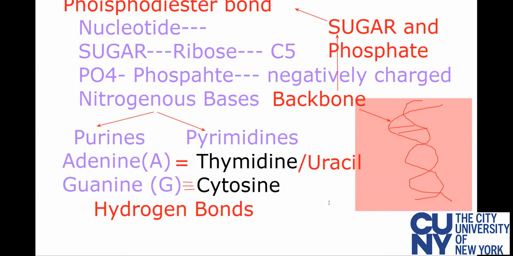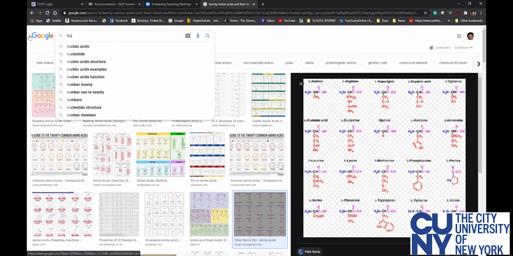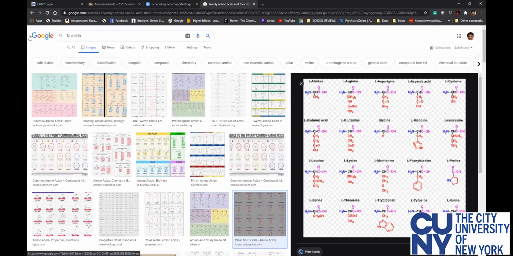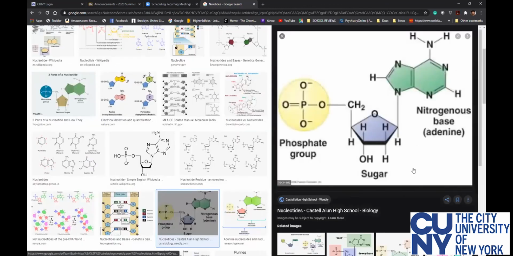Now I mentioned to you the structure of adenine. Okay, so let's go to the structure of nucleotide, because it's difficult to draw. I could have drawn in a face-to-face class, but here, let's look at the structure of nucleotide. If you see this structure, what do you see here?